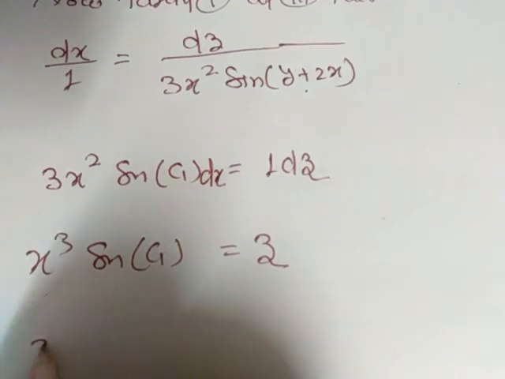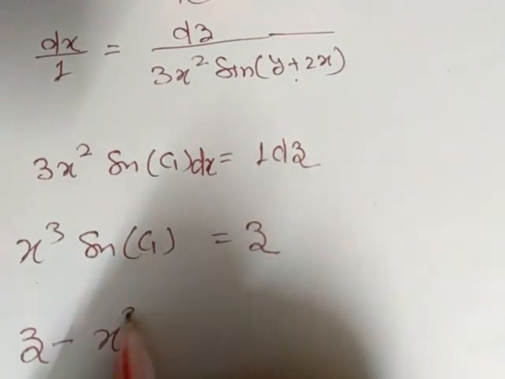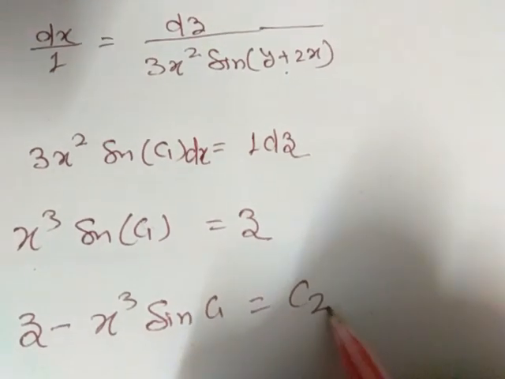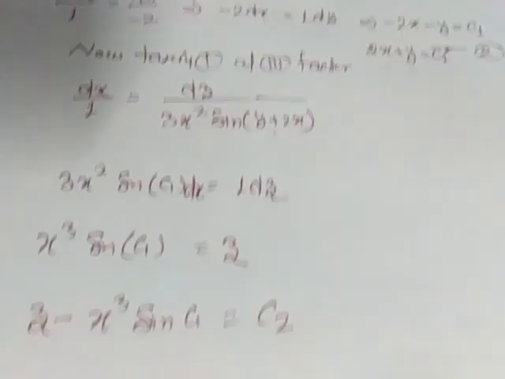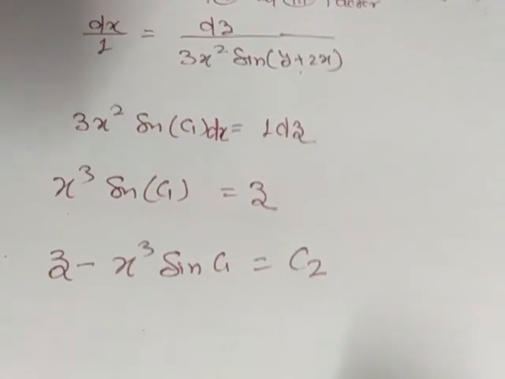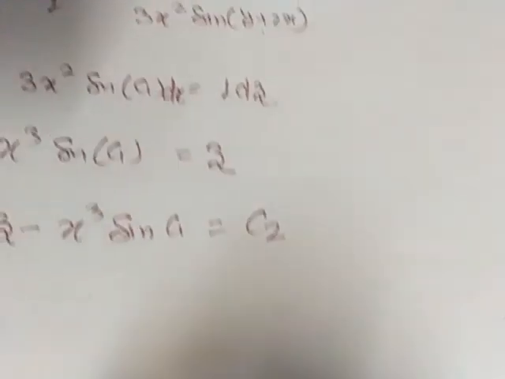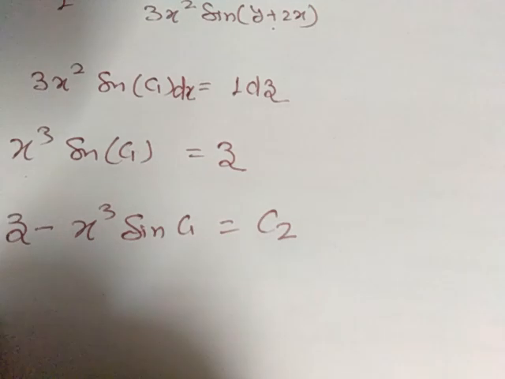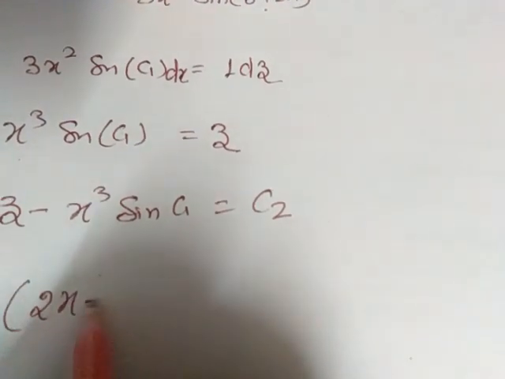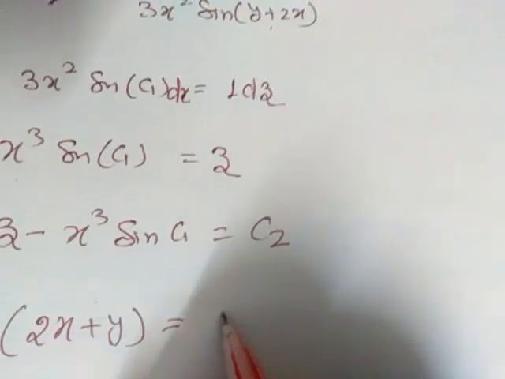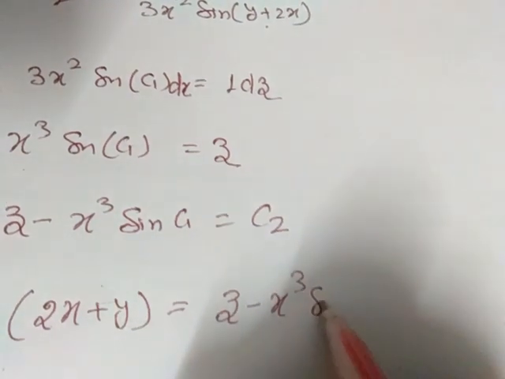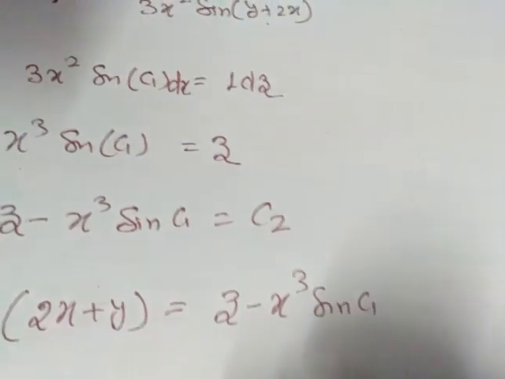Now it can be written as z minus x cube sin c1 is equal to c2, which is the solution of the last two factors. Now the solution of the given partial differential equation can be written as phi(2x plus y) is equal to z minus x cube sin c1.